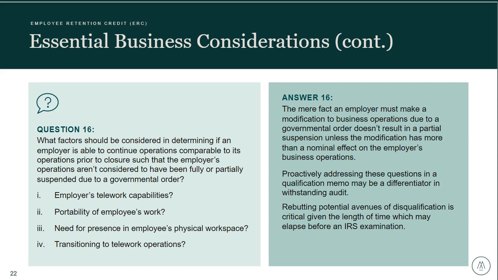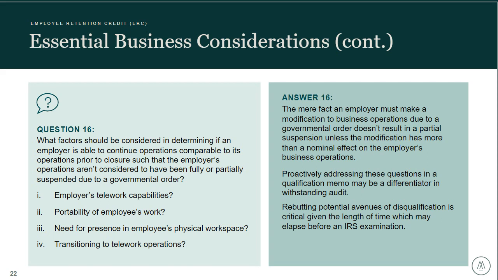But then after that, you were able to continue your operations in a comparable manner. So there could be an interim period where you were ramping up. It's a fact-specific analysis, and it can get complicated, but those are some of the things we would want to look at to determine if you were able to continue comparable operations or not.